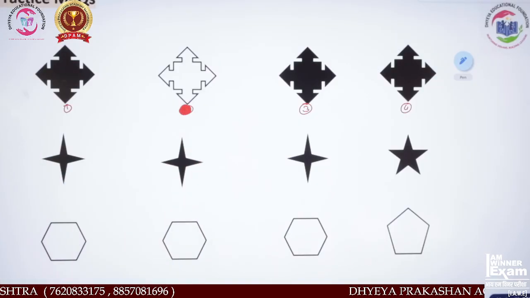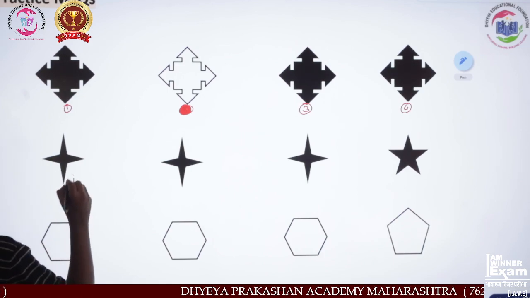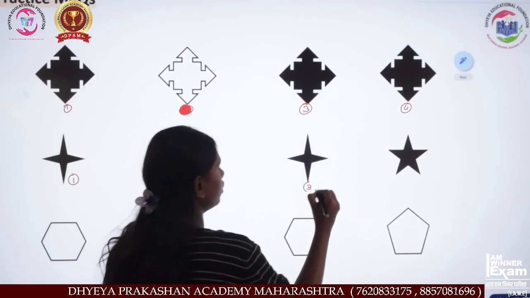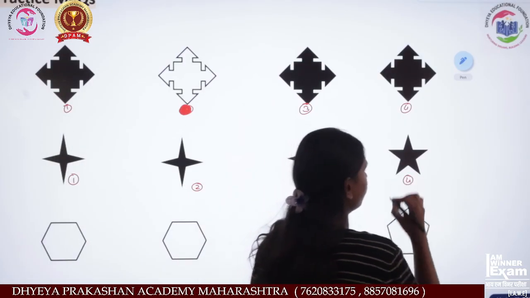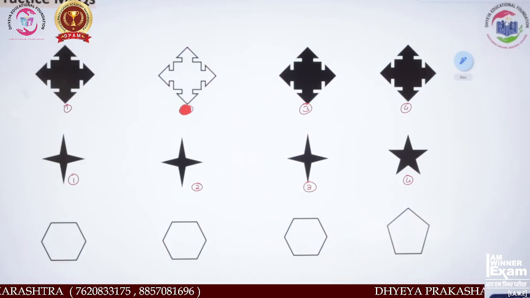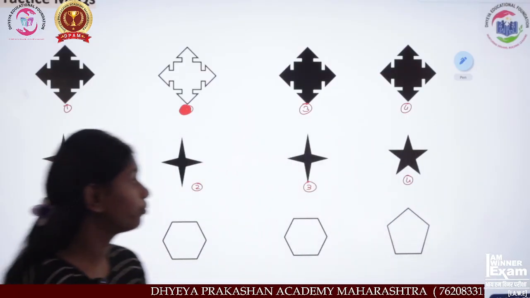Then next, this is your figure 1, this is your figure 2, this is your figure 3, this is your figure 4. Now which is the different figure here? That is your figure number 4. Now why 4?